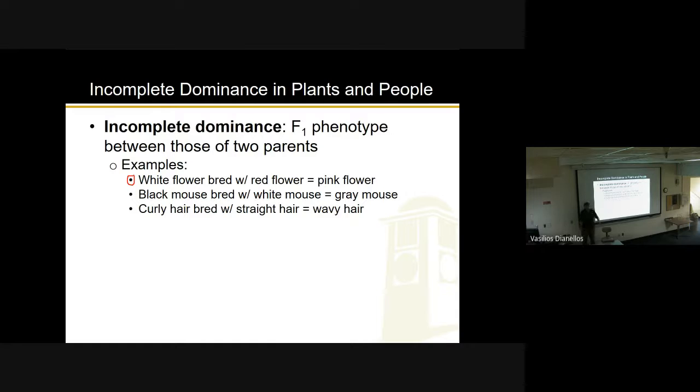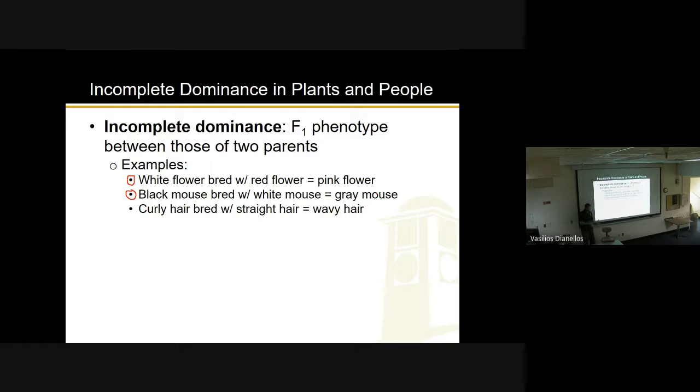Another example, if you breed a black mouse and a white mouse and you get a gray mouse. Again, what comes between black and white? Gray. That's how you know it's incomplete dominance. Now, if I said on the exam that I bred a black mouse and a white mouse, and we got 75% black mice and 25% white mice, then you would say, yeah, that's complete dominance, right?